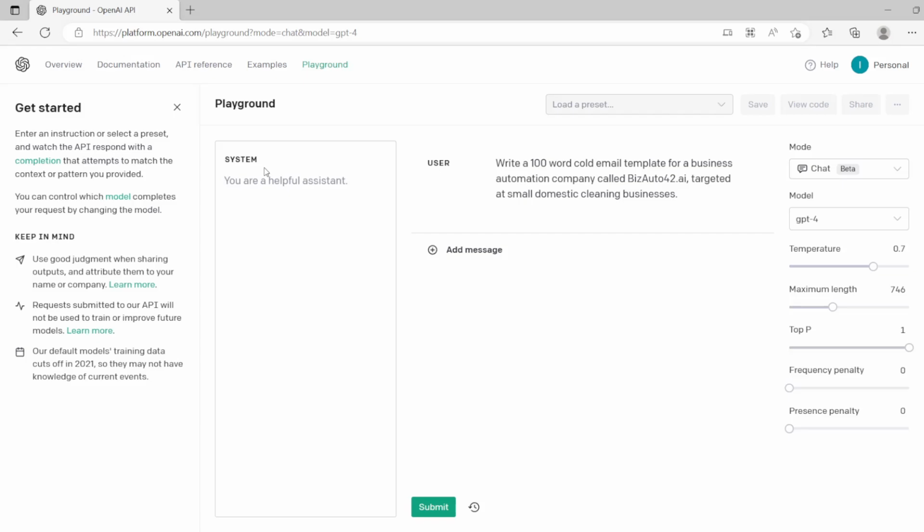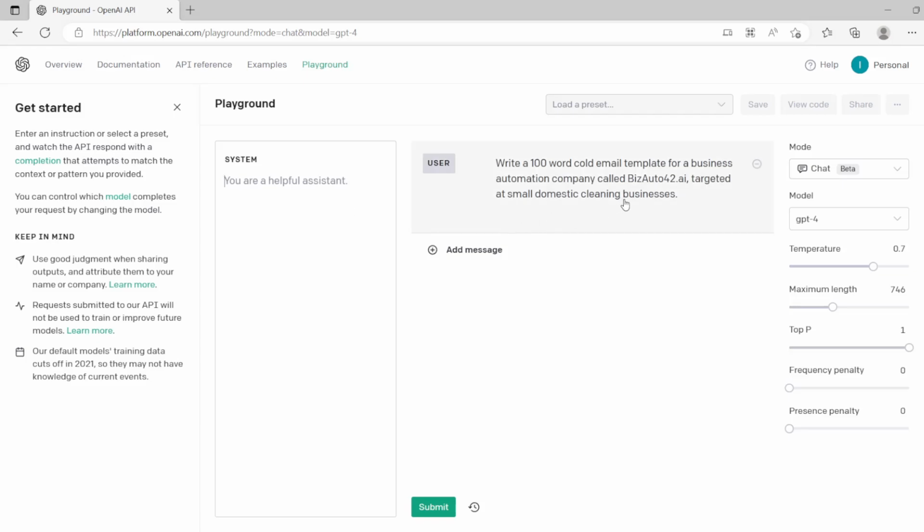The system prompt is essentially giving the agent a specific role to play. By default, it's you're a helpful assistant. But we can put basically what we want in there. We can tell it its history, what its job is, and how we want our answers to be structured and formatted.